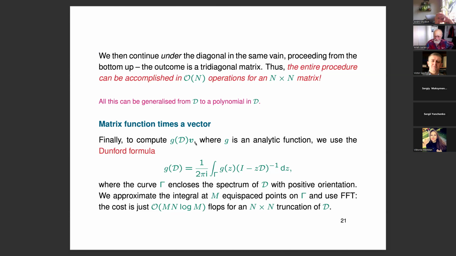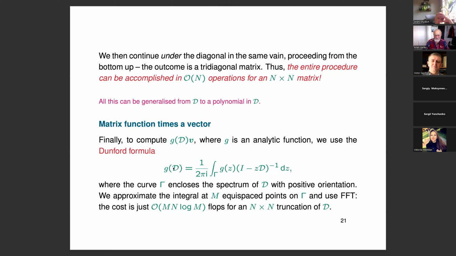Finally, how to compute functions. So we have an analytic function g operating on D times v. D is a differentiation matrix. And then we can use the Dunford formula, which is essentially the standard Cauchy formula of complex calculus, except that now this is the resolvent of the operator.